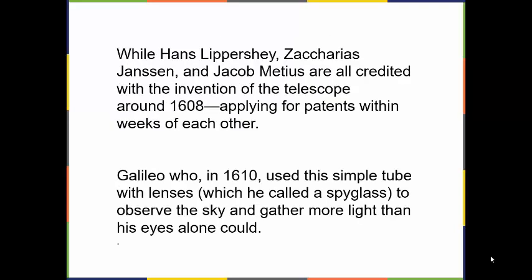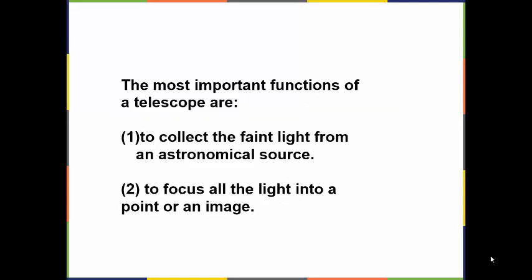Several people are credited with the invention of the telescope, but it was Galileo who, in 1610, used a simple tube with two lenses, which he called a spyglass, to observe the sky. The most important functions of telescopes are to collect the faint light from astronomical sources and to focus all the light into a point or an image.